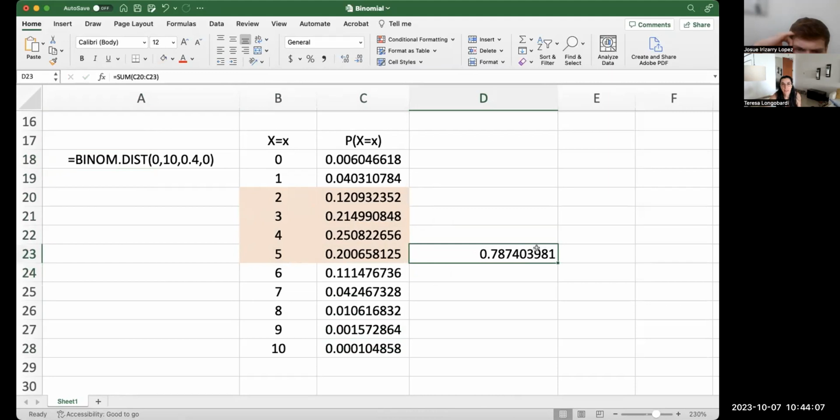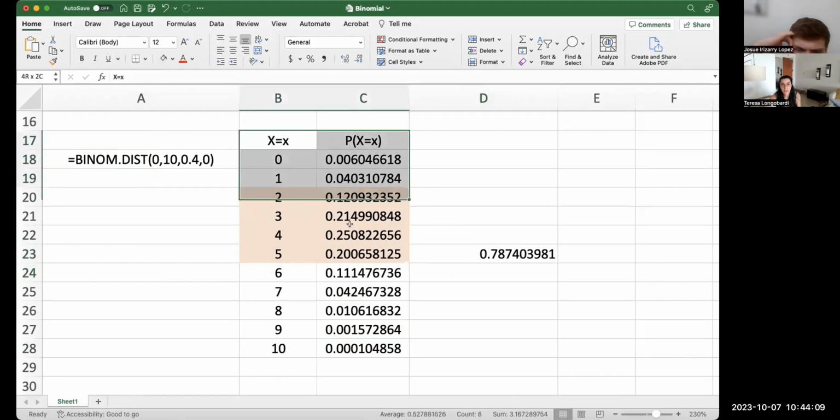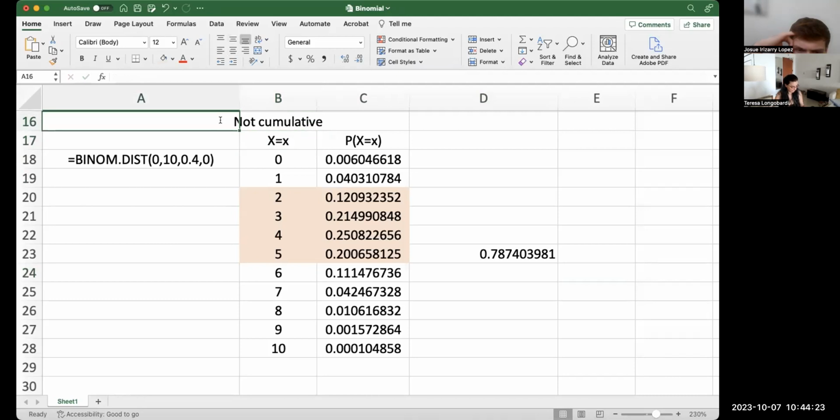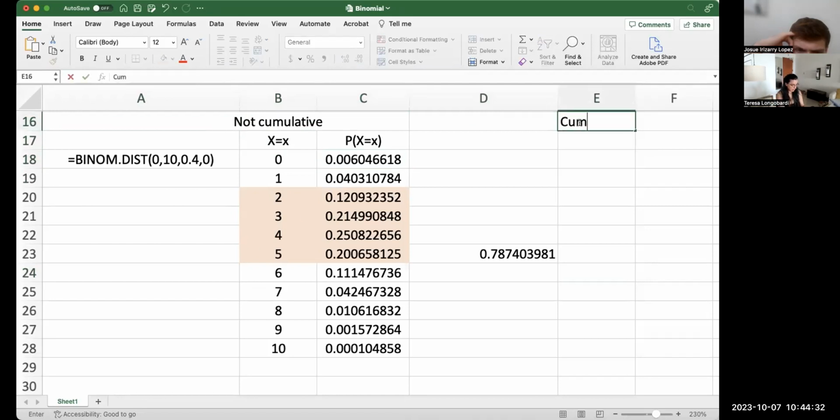So if you did this cumulative, the question is, will you get the same answer? This is not cumulative. That's the distribution. It just shows you each value. But if you want cumulative, it's everything before it, including it.